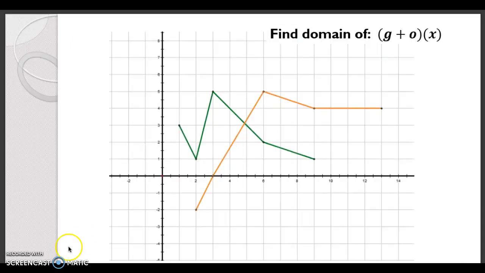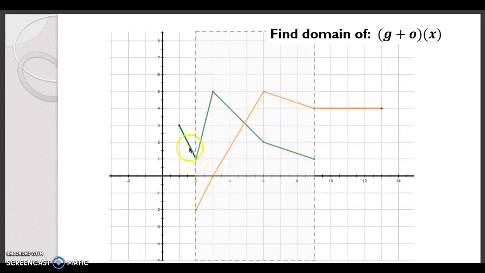So here we have a function g and we have a function o, and we're asked to find the domain of g plus o. Now remember, the domain of g plus o is the intersection of the domain of g and the domain of o. And that looks like this.